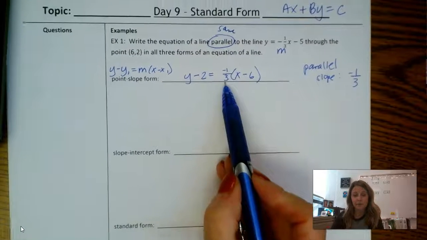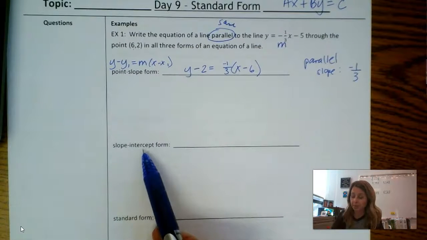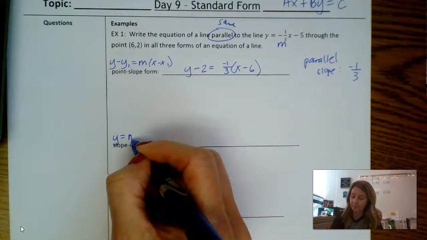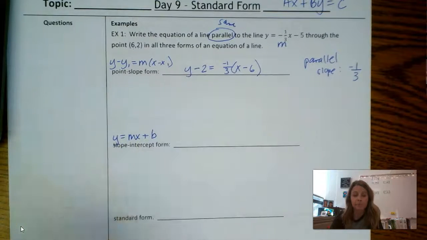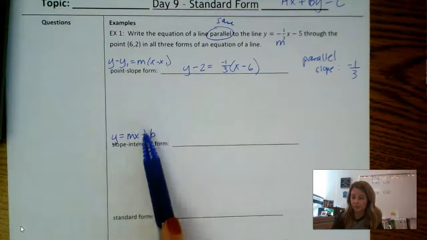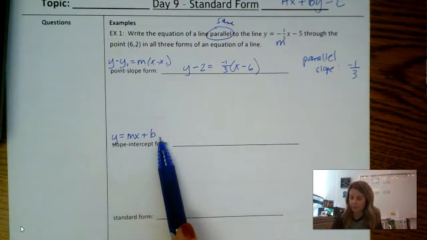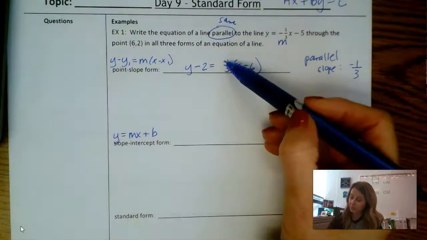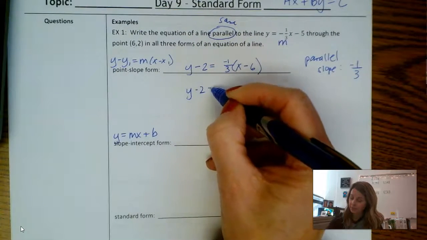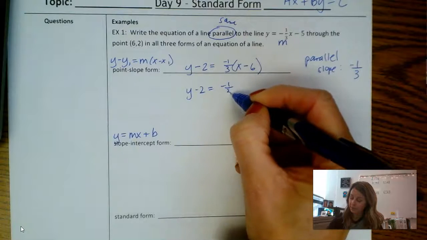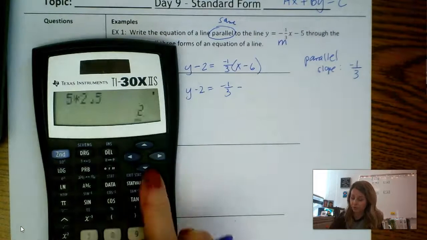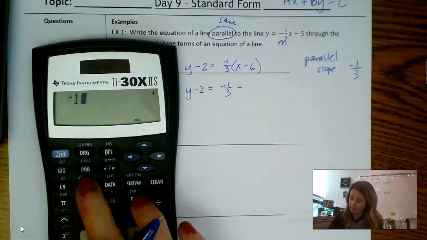Now I need to convert this equation into slope intercept, y equals mx plus b. What that means is I need to get y all by itself so I can see the slope and y-intercept. So I'm going to take this line and distribute into my parentheses. So y minus 2 equals negative 1/3 x minus, and if you need to use your calculator, use your calculator.